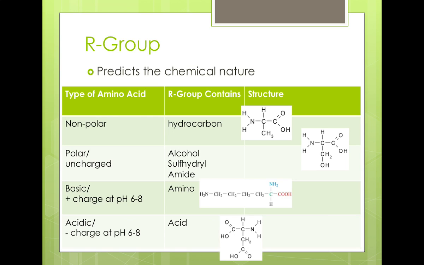We have basic and positively charged amino acids, and that's when they're in a substance that has a pH range of 6 to 8. And then we have amino acids that are acidic with a negative charge when we put them in something that's a pH of 6 to 8. And I'll give you a chance to write before I talk any more about the chart.